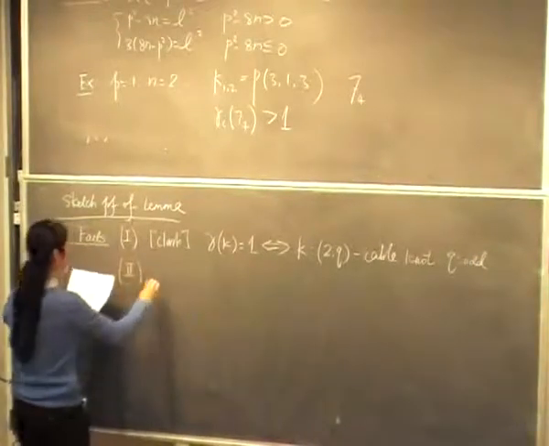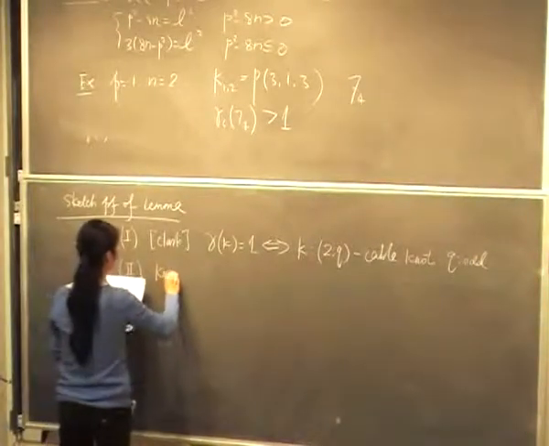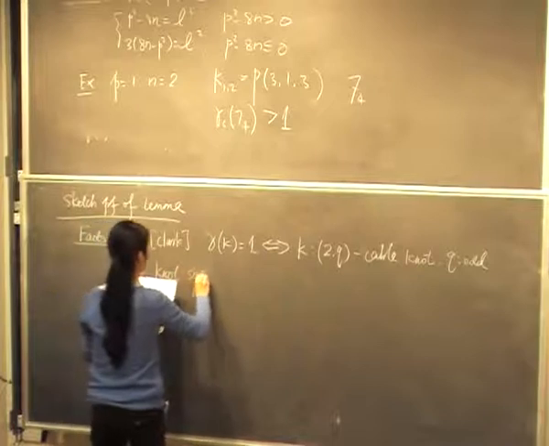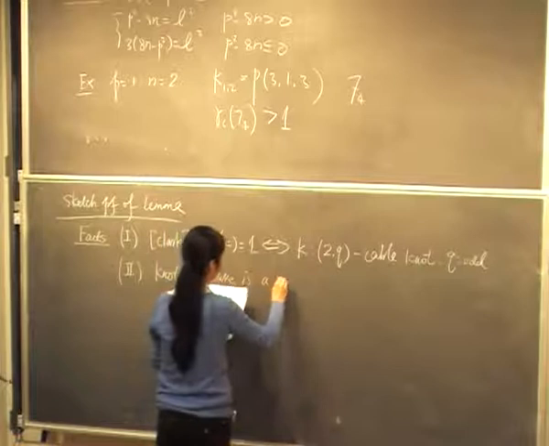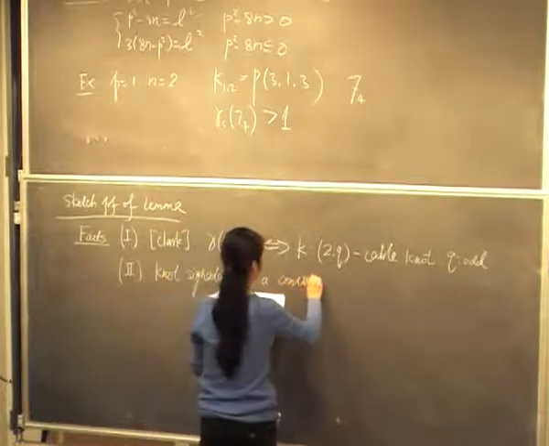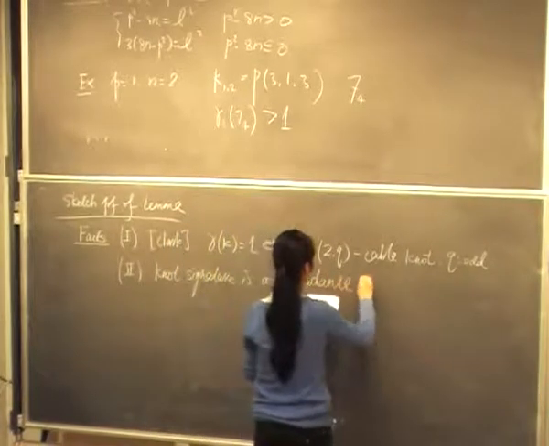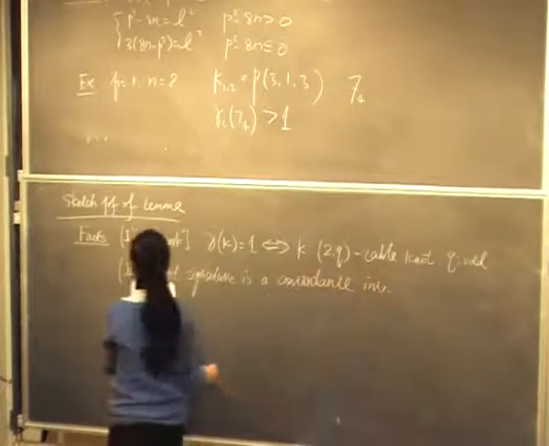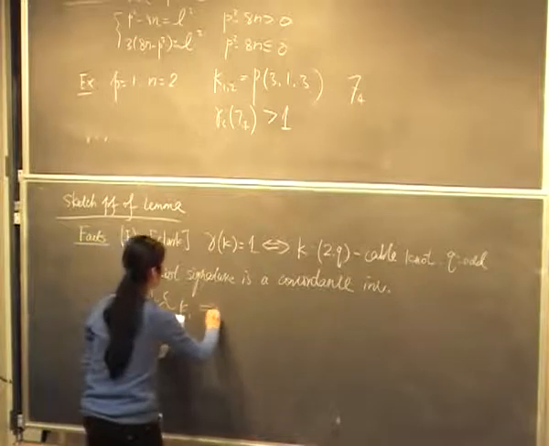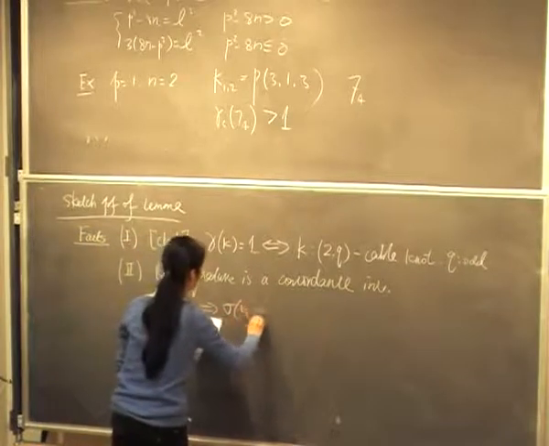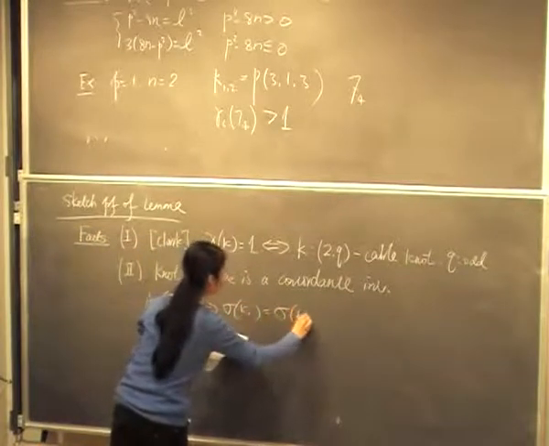And fact 2, the knot signature is a concordance invariant. Namely, if K0 is concordant to K1, then we have sigma of K0 is equal to sigma of K1.